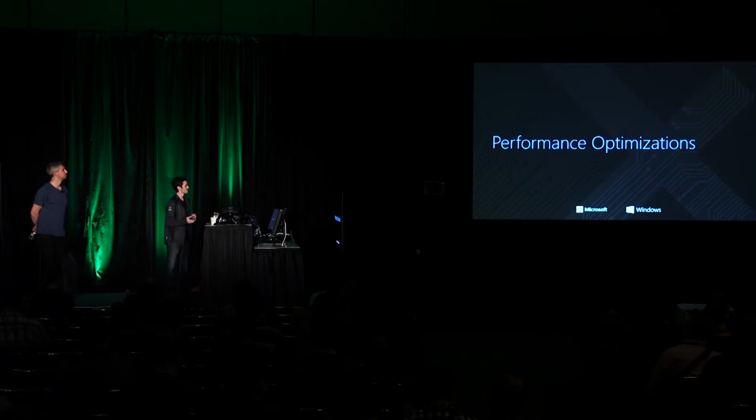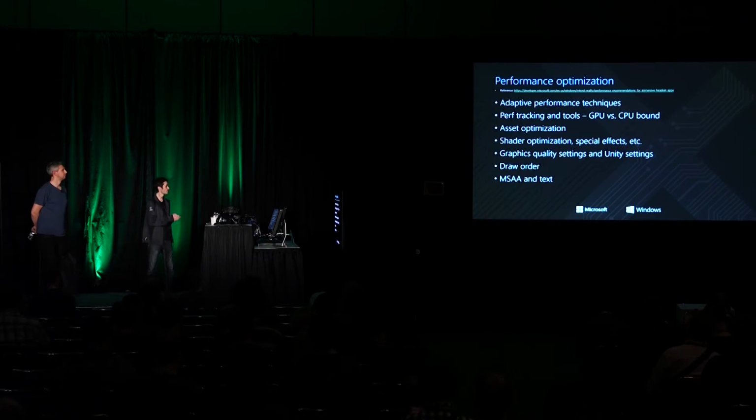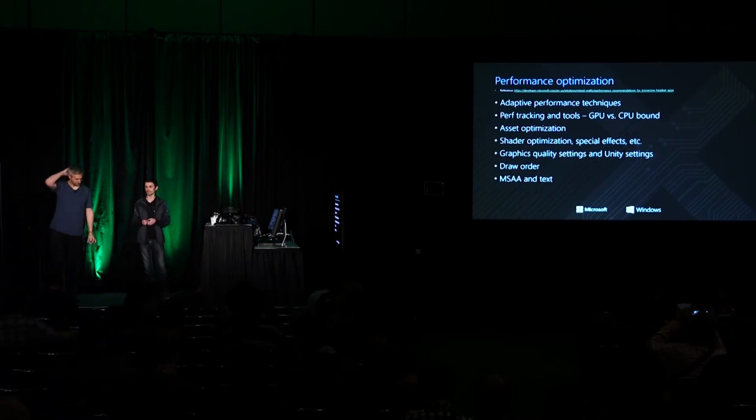So now, performance optimizations. We're going to go through a few examples here. Like I mentioned earlier at the beginning of the talk, if you're looking to get very specific details about how to use things like some of the perf tracking and tools, I recommend taking a look at that Intel talk that happened earlier today.